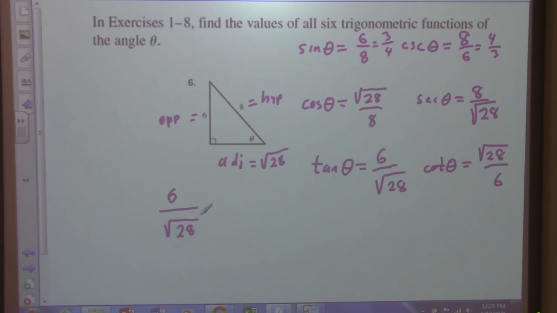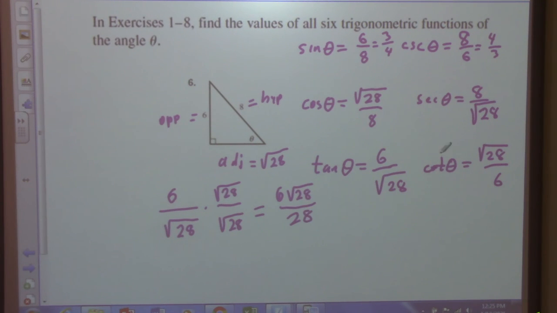So you can rationalize this by multiplying by square root of 28 over square root of 28. And what you get for this is 6 square root of 28 over 28.